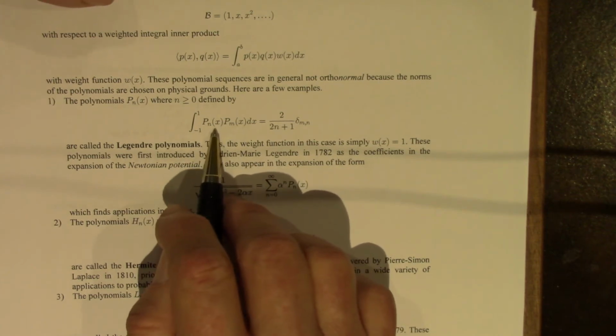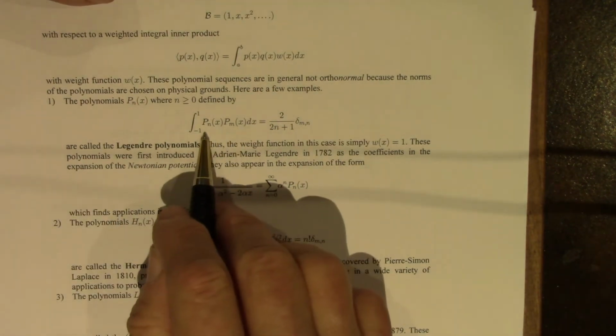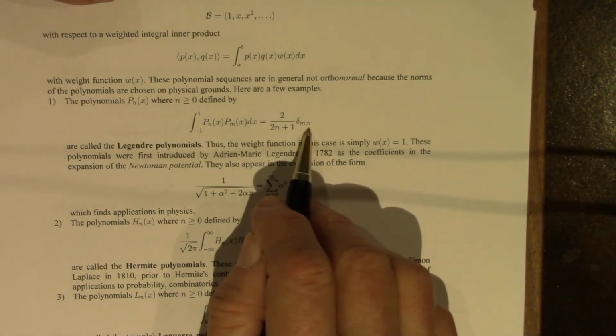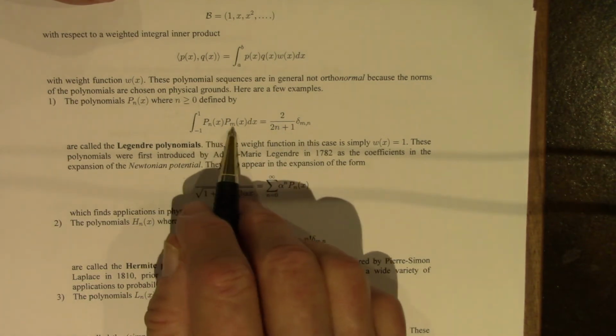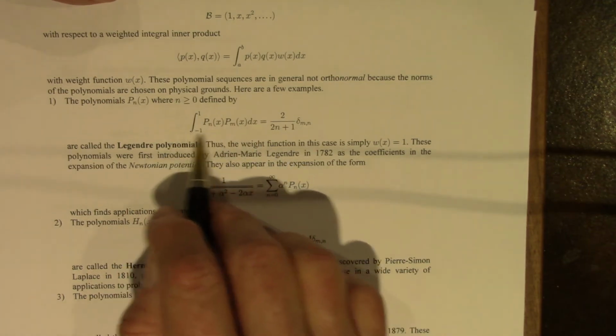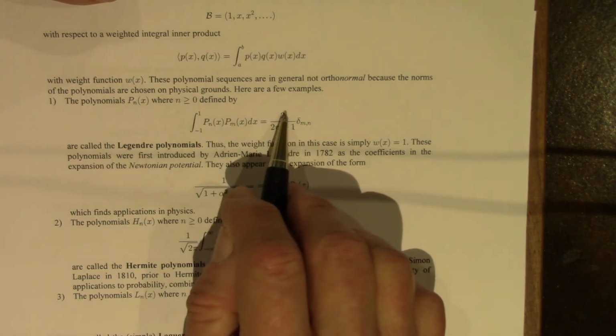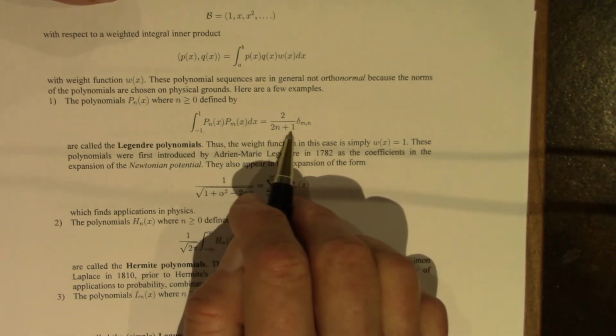We apply appropriate scalar multiples. We want this equation. So when n and m are different, the polynomials here are orthogonal. When m and n are equal, you'll get the norm squared of Pn of x, and that's going to be 2 over 2n plus 1.